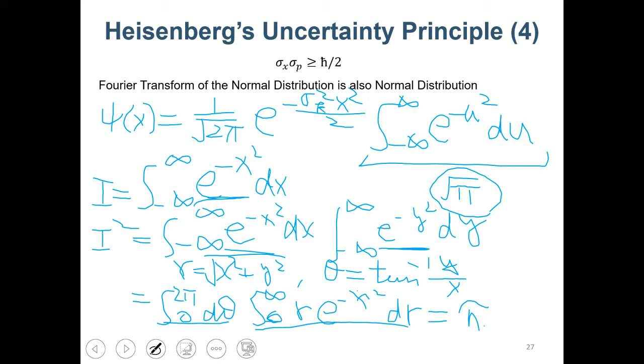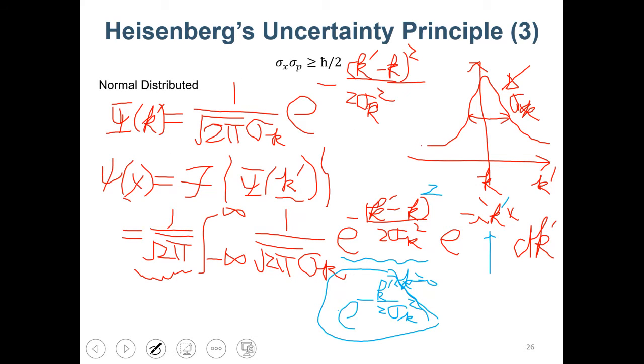And actually, the main point is we find that the Fourier transform of a Gaussian function is also a Gaussian function. But this one is the standard deviation, or the variance term if you consider sigma k square as the variance term. If you only consider sigma k, it is the standard deviation. So if sigma k is larger, then the Gaussian distribution will be flatter.